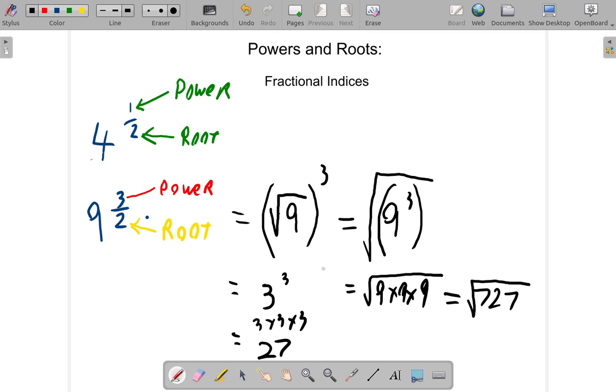So what you have here is the same answer, 27. Both give you 27.